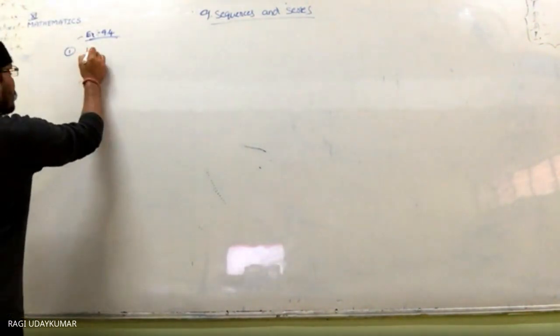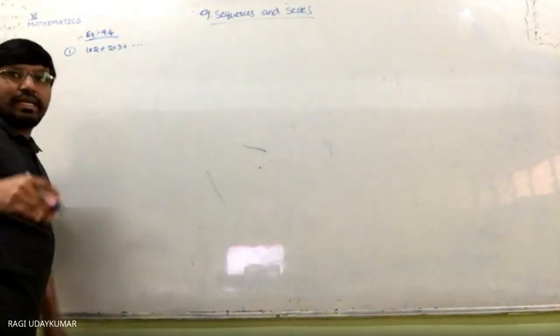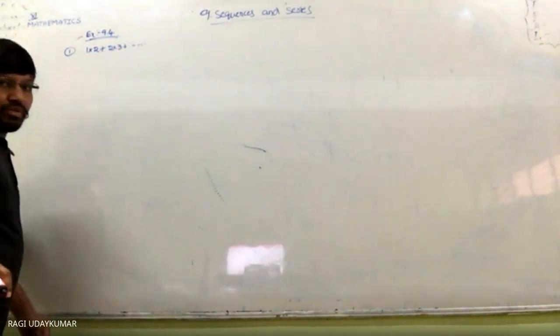The first question given is 1 into 2 plus 2 into 3 plus 3 into 4, 4 into 5 and so on, n terms.